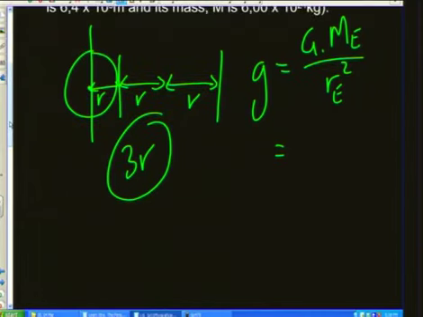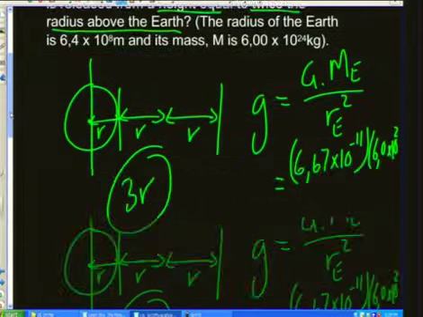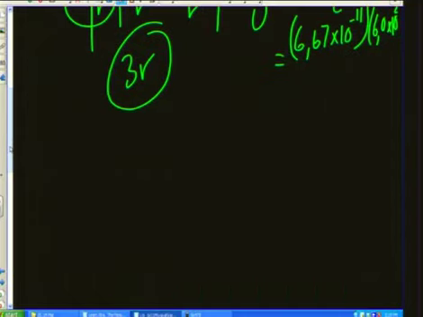Last thing, I'm going to put the values in so you can see that we've got them. 6,67 times 10 to the minus 11 times the mass of the Earth, 6,0 times 10 to the 27. I think it was 24, wasn't it? Let's just check it. 24 kilograms, there we go.